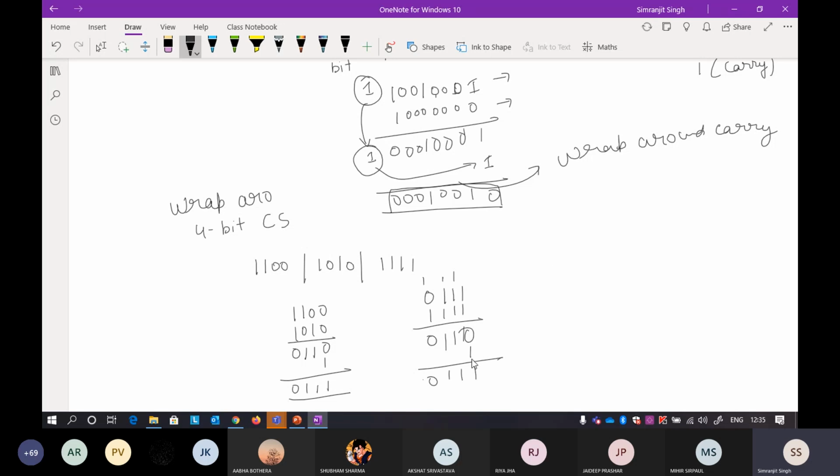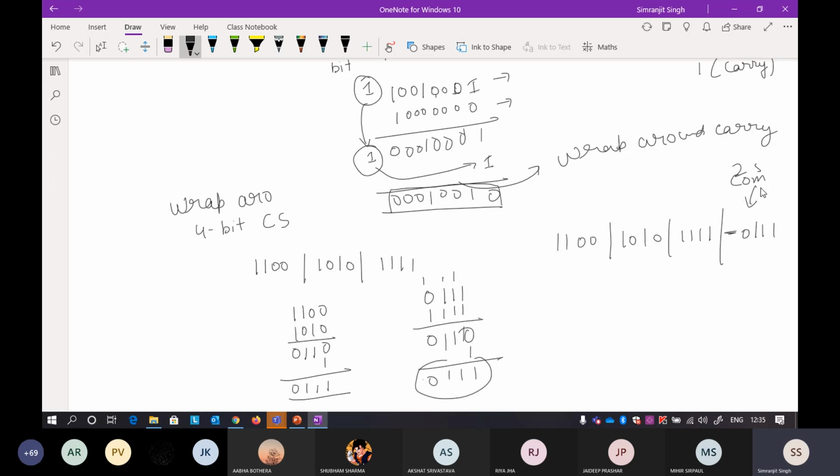Whatever answer I got, I will take the negative of it, so here I will add 0111. In digital electronics you already know how this is represented in 2's complement form. I am just representing it with a negative here.